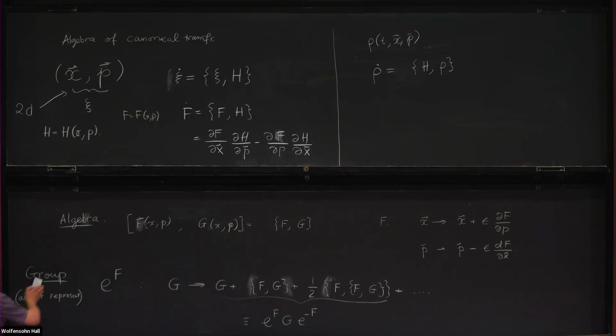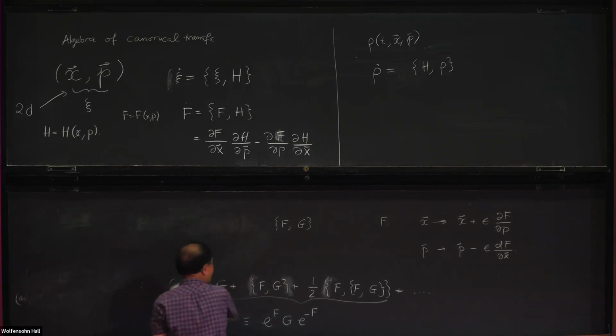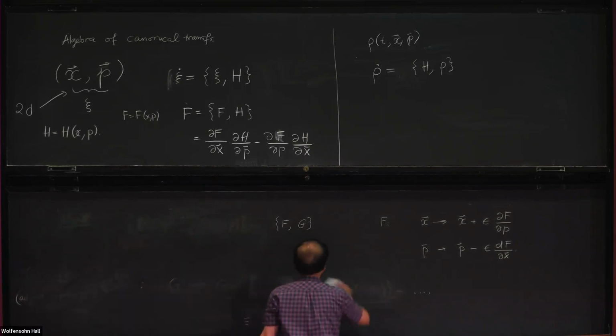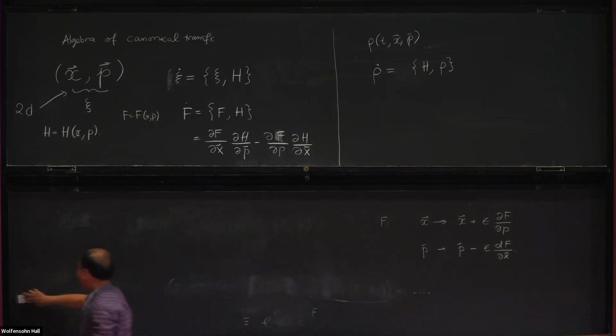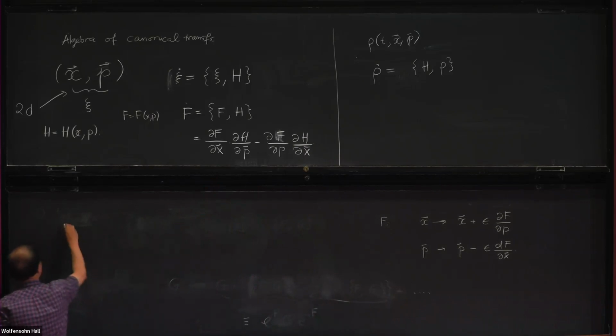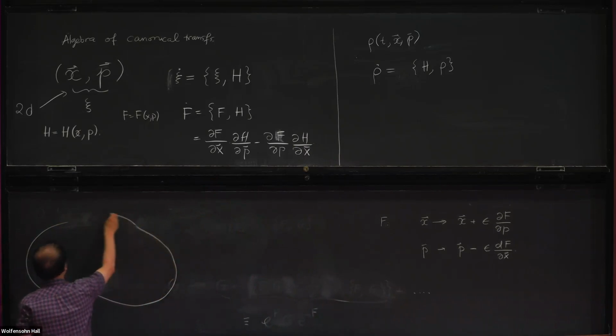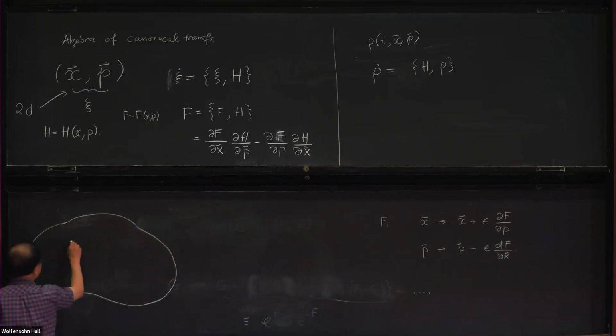Let me draw some kind of a picture here. We can think about this co-adjoint orbit as some kind of infinite dimensional space. Each point in the co-adjoint orbit corresponds to a given distribution function f that's obtained from f0 by a canonical transformation, a sharp Fermi surface.